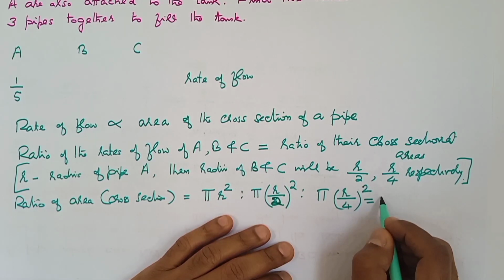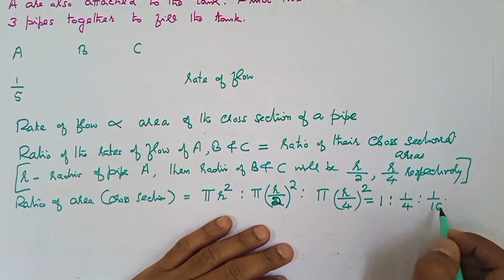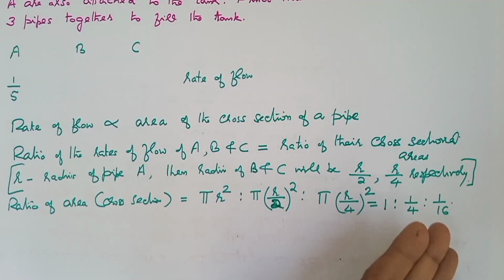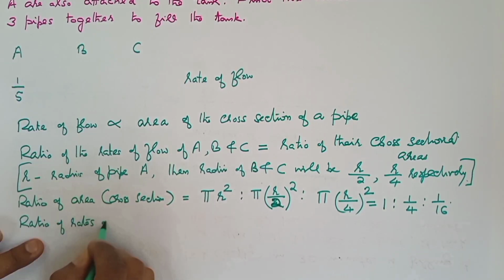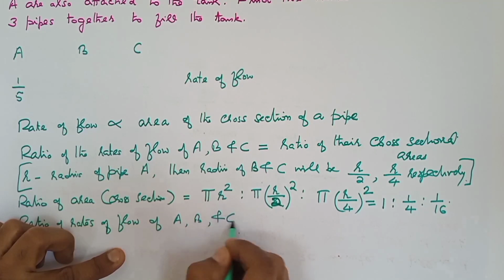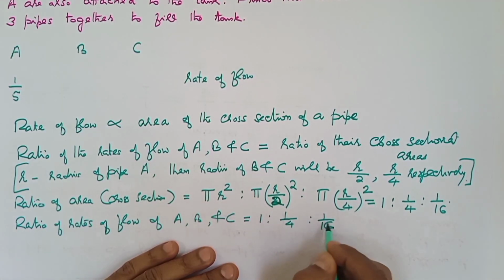Finally it comes down to 1 is to 1 by 4 is to 1 by 16. So this is the ratio of the cross-sectional areas of the three pipes. Rather, this will be the ratio of the rates of flow of A, B and C: 1 is to 1 by 4 is to 1 by 16.